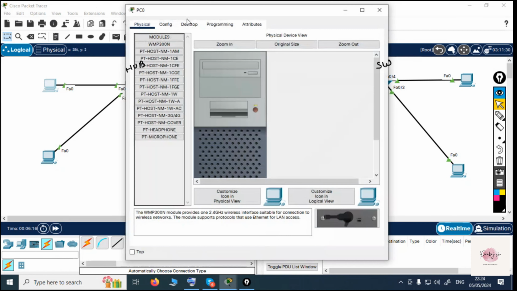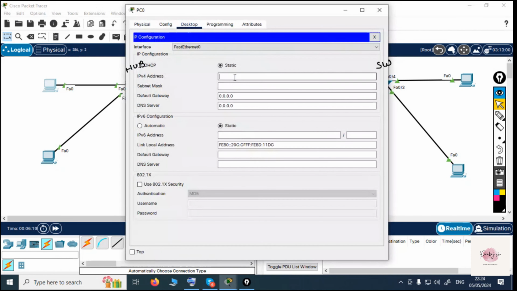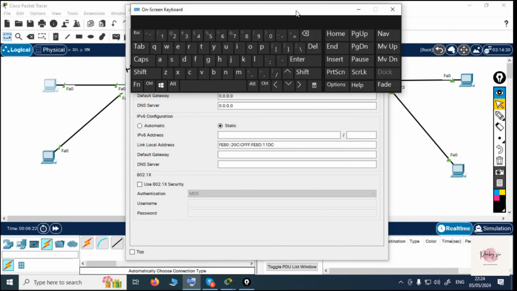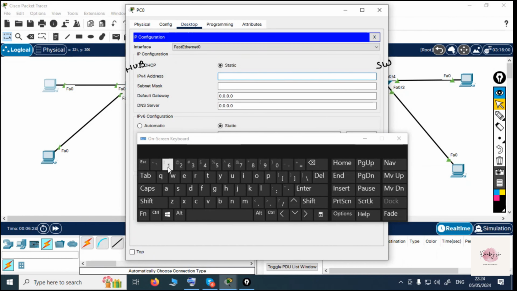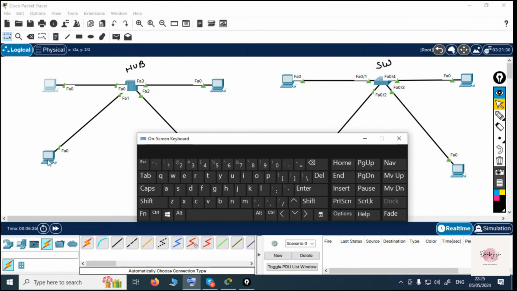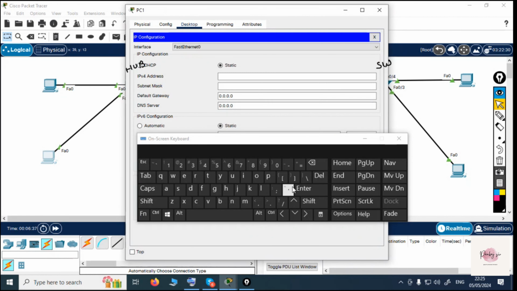configure IP address in all these PCs. Let this be 10.0.0.1, then 10.0.0.2. Sorry.